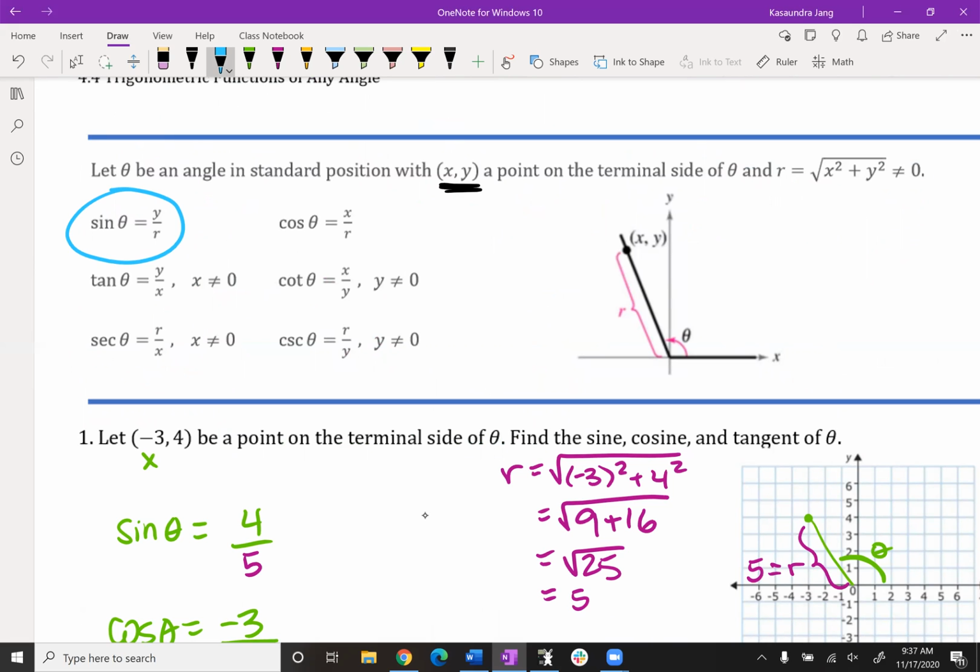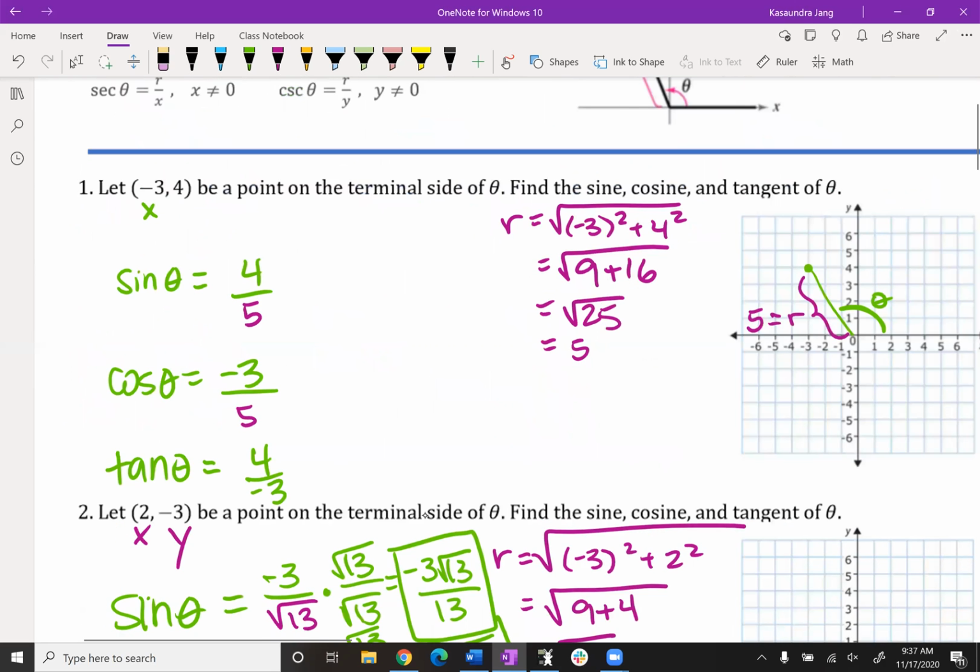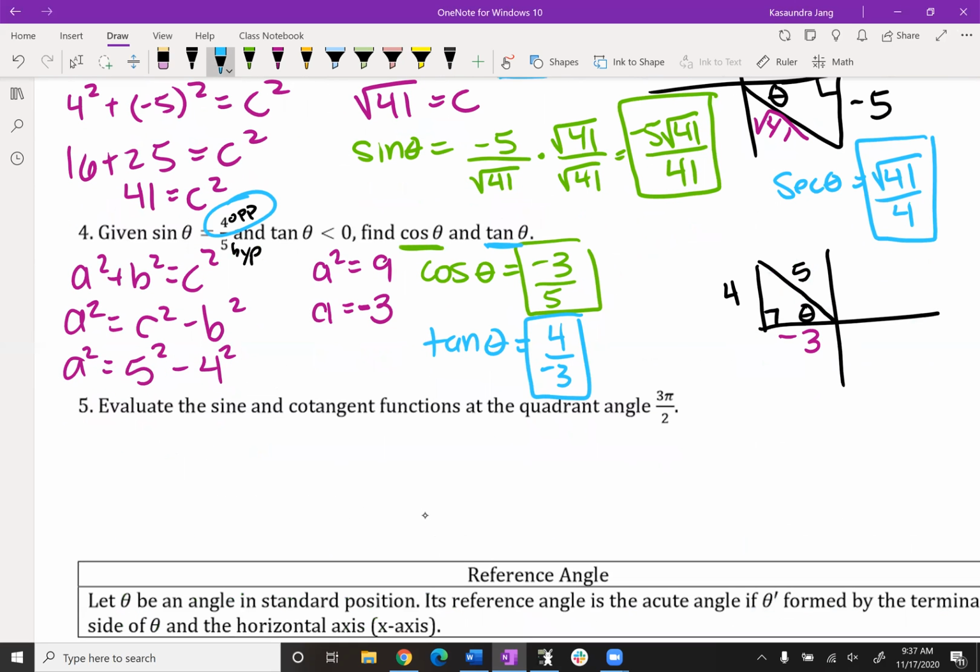So the numerator had to be the y value, which in this case was a 4, so my y value had to be a 4. And we also treated it as opposite over hypotenuse, where opposite from the angle theta was a 4. So either way, whether you treat it as the opposite or as the y value, it was a 4 for my y value. All right, good question. Anything else?